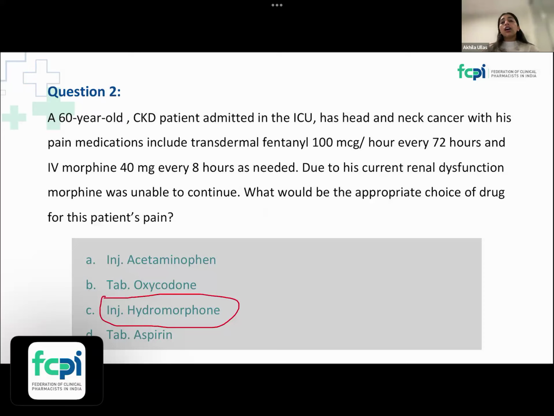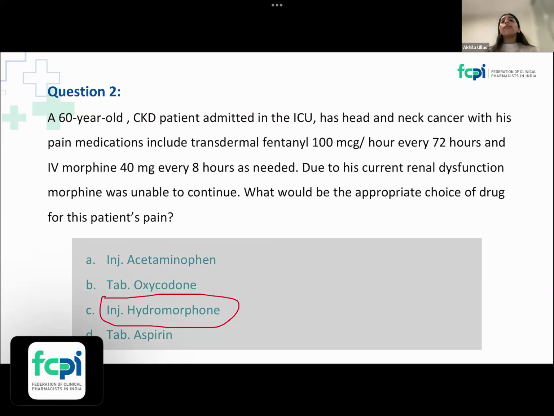Why? You can't give a tablet because the patient has head and neck cancer, and you can't give injection acetaminophen or tab aspirin because injection acetaminophen requires renal adjustment. Injection hydromorphone won't require any renal adjustment.